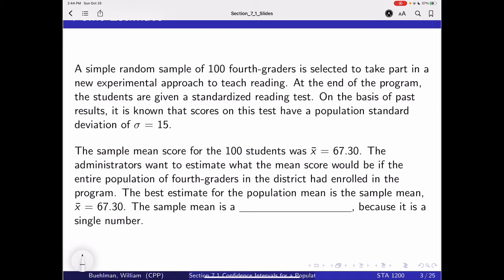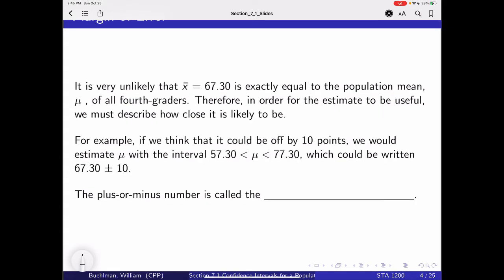The best estimate for the population mean is the sample mean, X bar. The sample mean is a point estimate because it is a single number. It is very unlikely that the sample mean, 67.3, is exactly equal to the population mean mu of all the fourth graders. Therefore, in order for the estimate to be useful, we must describe how close it is likely to be.